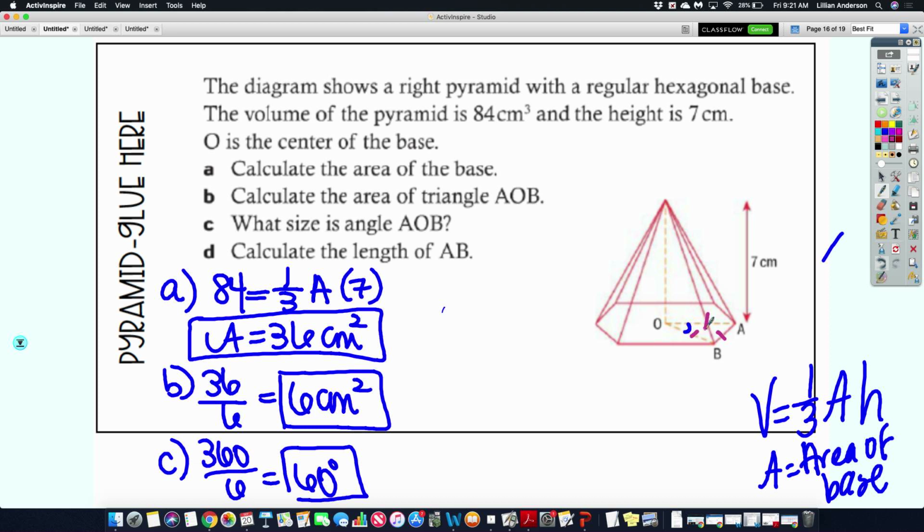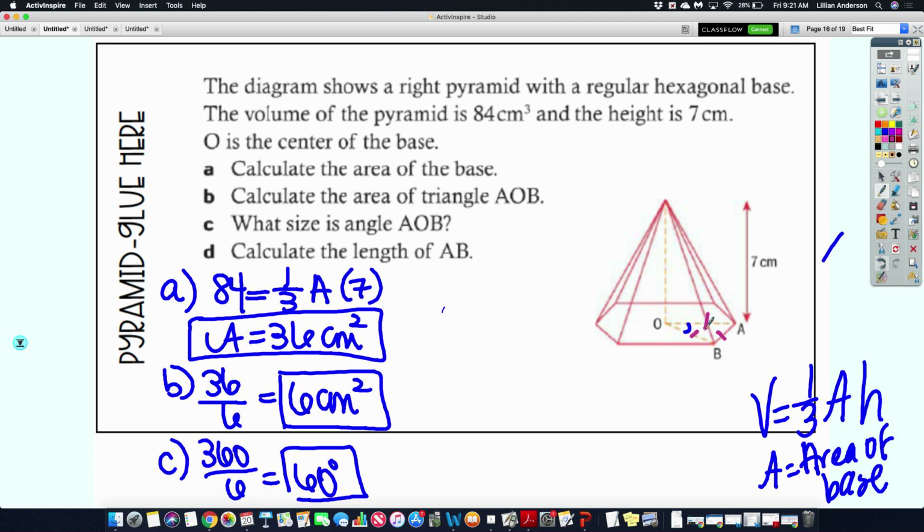Whenever I set up area equals 1/2 base height, I put in for the area 6, and then 1/2 b, and then for height 7, and then I just divided 6 by 1/2 times 7. See, the thing is, 7 represents the height of the pyramid, not the height of the triangle.